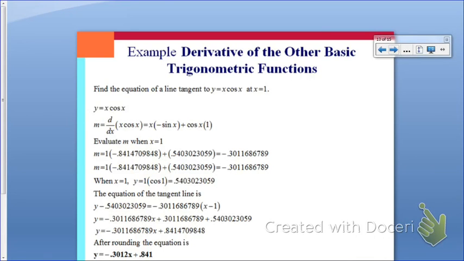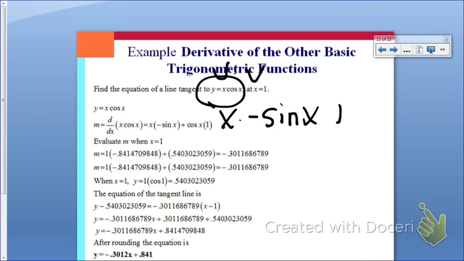Here's another example of a trig derivative. If we follow along with this example, we have x cosine x, so we're going to use our product rule. We use the product rule, we have u times derivative of cosine is negative sine, plus, so u dv plus v du, where v is cosine and du is x.